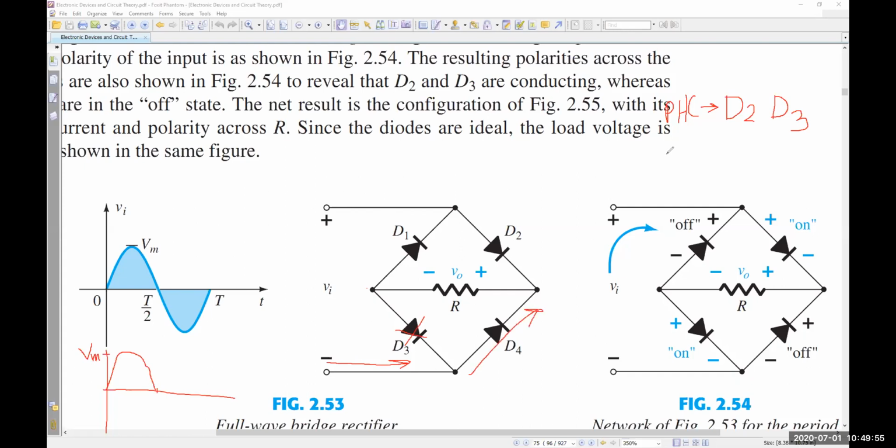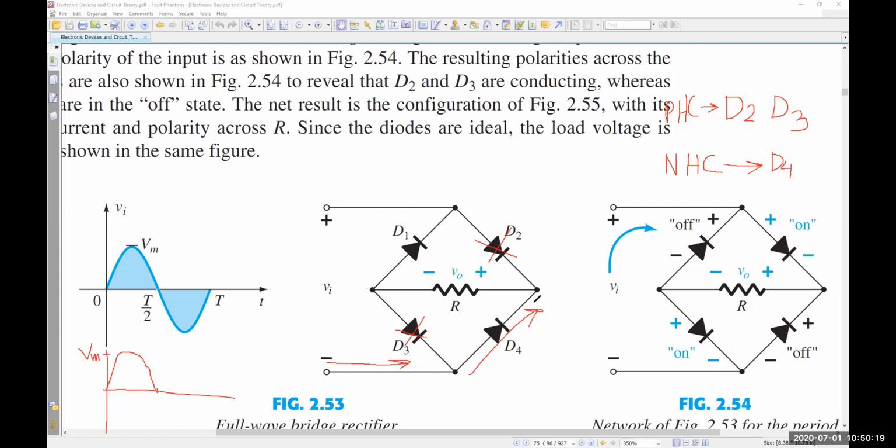For the negative half cycle or second half cycle, your D4 will conduct. After reaching this point, it has two ways. One is this one, another one is this one. Again, this diode is reverse bias because current cannot go in this way.